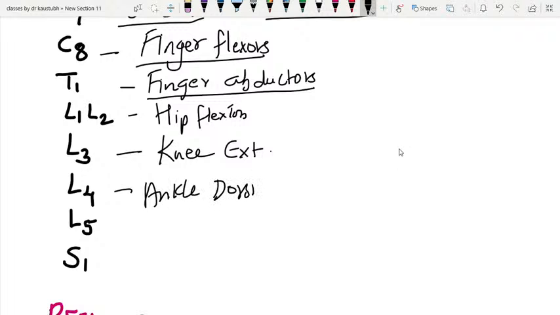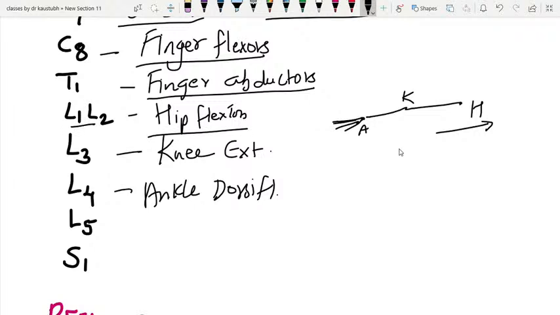I'll draw a simple diagram. Yes, this is your hip, this is your knee, this is your ankle, and these are your fingers, right? To bring your body close, you need to flex the hip first, that is L1, L2. Then you need to extend the knee further, that is L3.